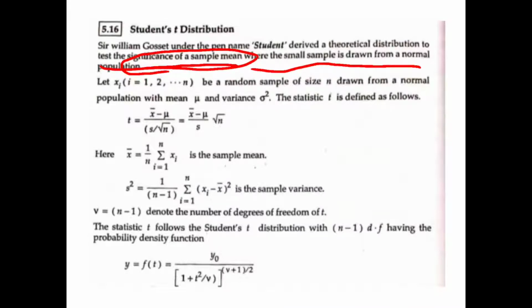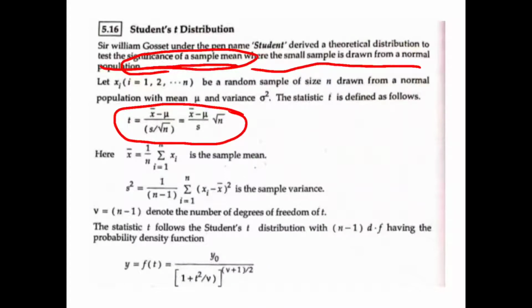Now let us assume x_i is a random sample of size n drawn from a population whose mean is mu and population variance is sigma square. The test statistic here is given by, instead of z, we will write it as t, because t stands for Student's t distribution.